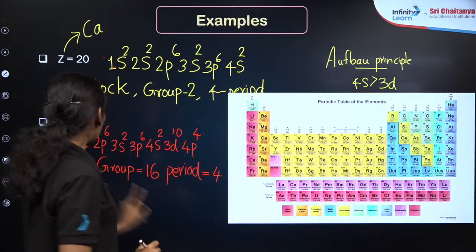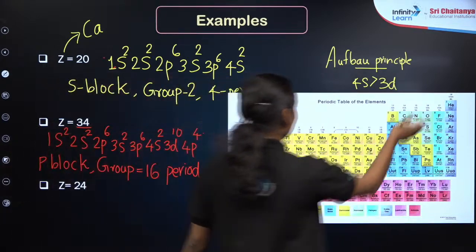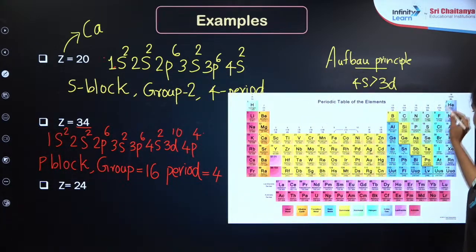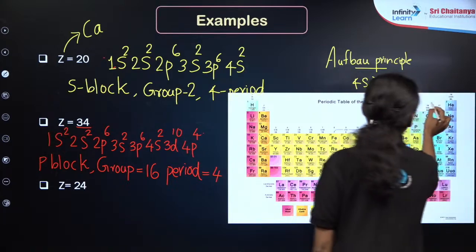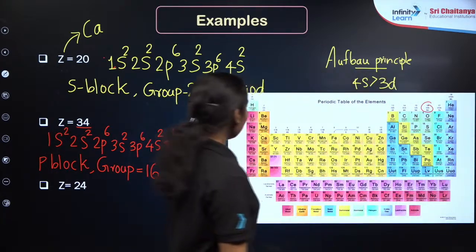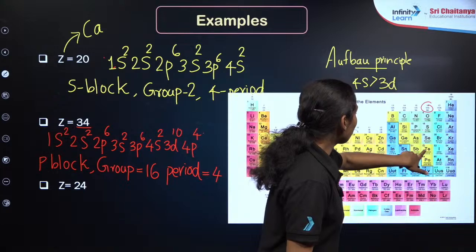While looking at the periodic table, you can see the p block elements, right? Here, group 16. In which period? 1, 2, 3, 4.